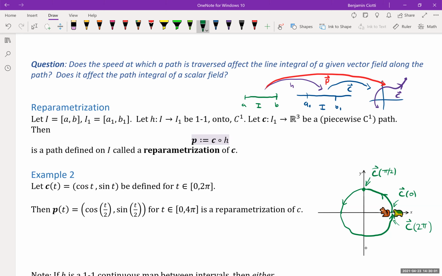So it took 2 pi seconds, hours, nanoseconds, whatever our units of time are, to go all the way around the circle. Maybe this chipmunk is moving around the circle every 2 pi seconds.